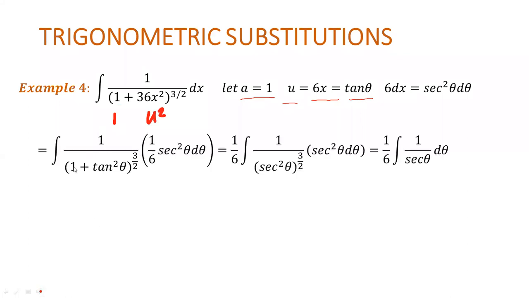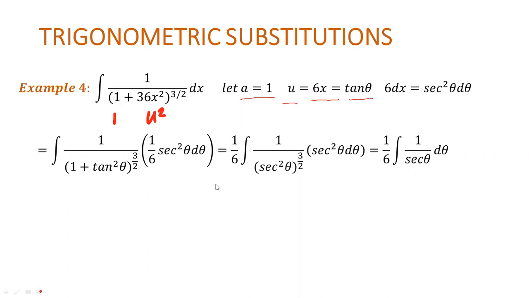So you have 1 over 1 plus tangent squared, because 6x is tangent theta, so 36x squared must be tangent squared theta. We copy the fractional exponent. The dx is secant squared theta d theta over 6.